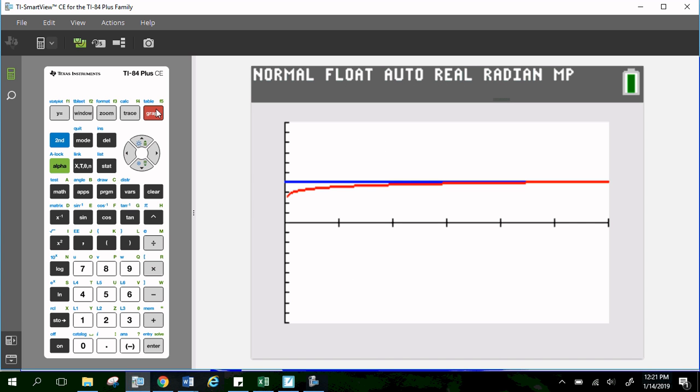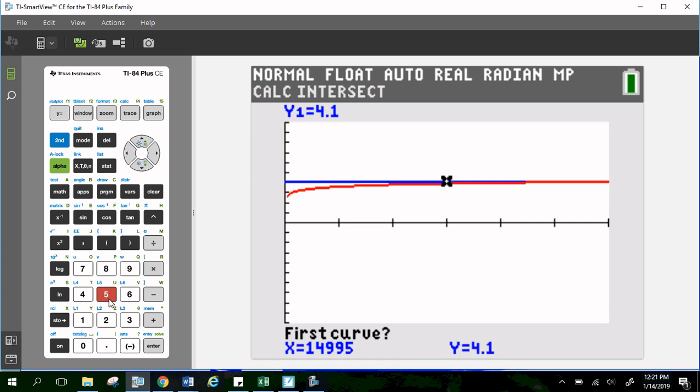And we can see where we think it's going to intersect. So let's see if they're actually intersecting there. You can kind of see that they are overlapping. So second calc intersect. We're going to hit enter 3 times. And we have our intersection at 23,555.742.